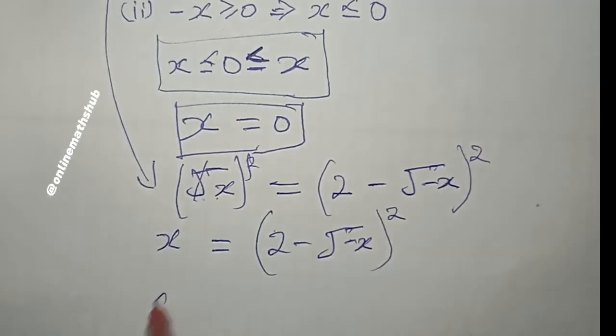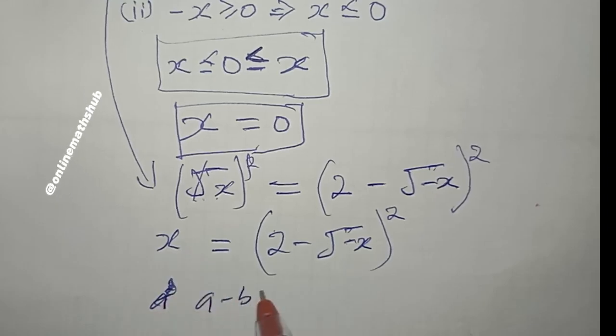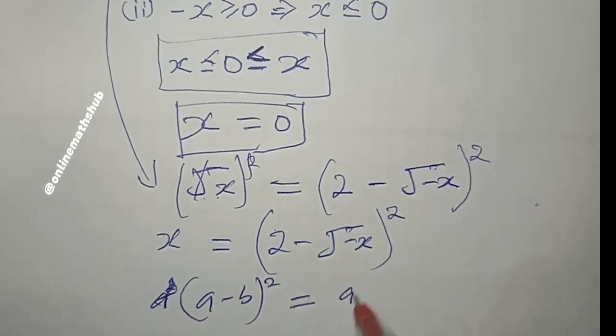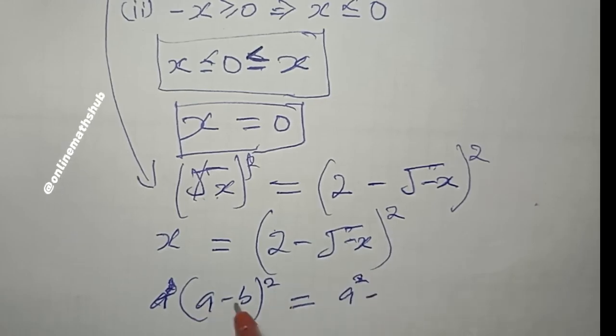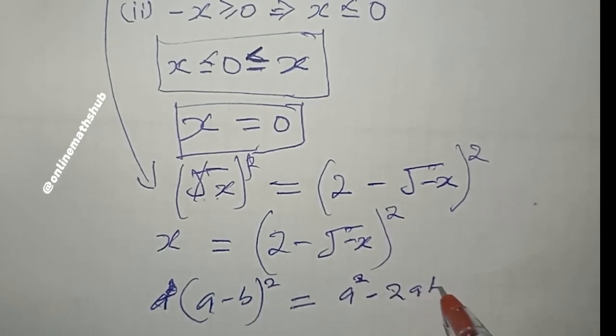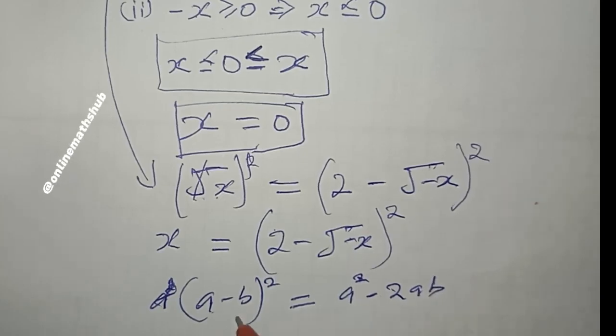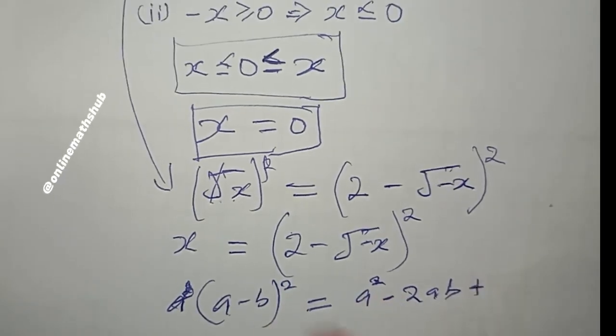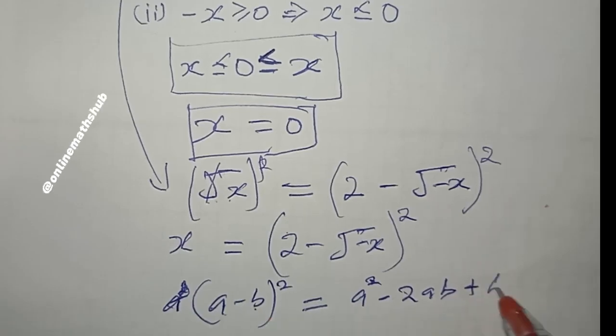And of course, don't forget this expression: if you have a minus b all squared, this is going to give you a squared, minus 2 times a times b, and then plus b squared.